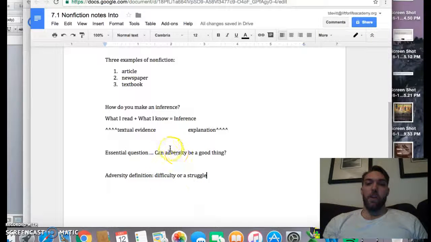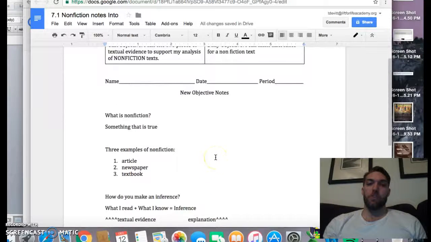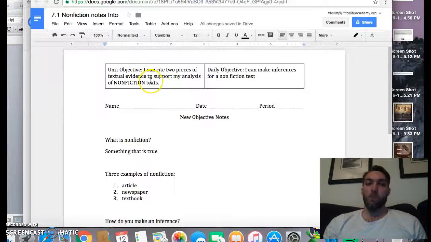So we're going to think, can going through adversity, through tough stuff, difficulties, can that be a good thing? Or is it always bad if bad stuff happens to us? That's what we're going to be exploring through this unit. And ultimately, we're going to use this question to master our objective of being able to cite evidence to prove our analysis of these nonfiction texts.